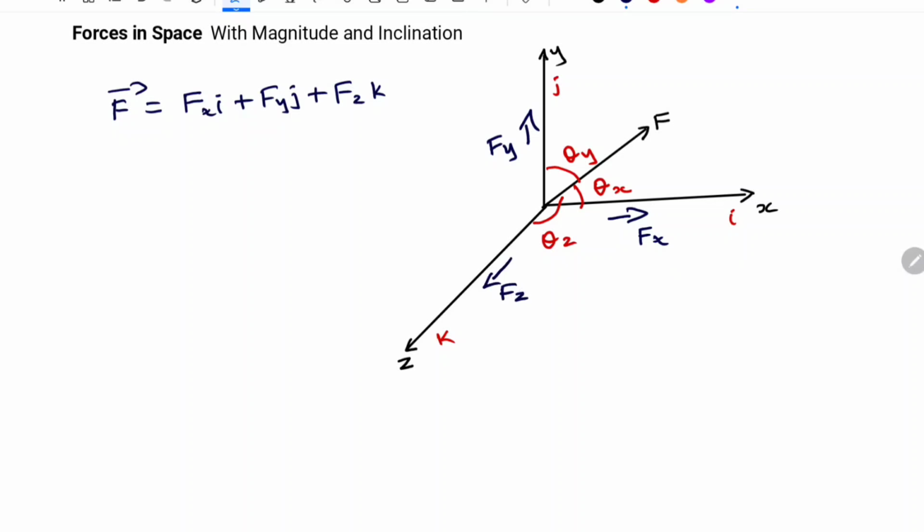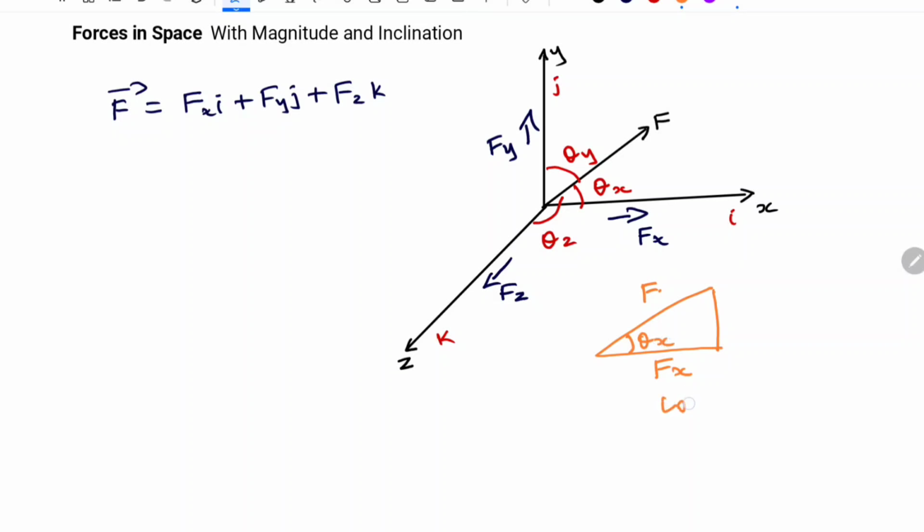Generally, in the previous problems, we split the force into two components, horizontal component and vertical component. Here, as there are three directions, we split it into three components, Fx, Fy and Fz. Now to find the value of Fx, I can construct a triangle by considering this as F, the horizontal component as Fx and the inclination as delta x.